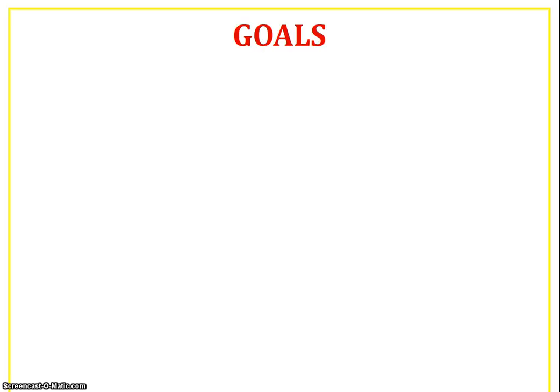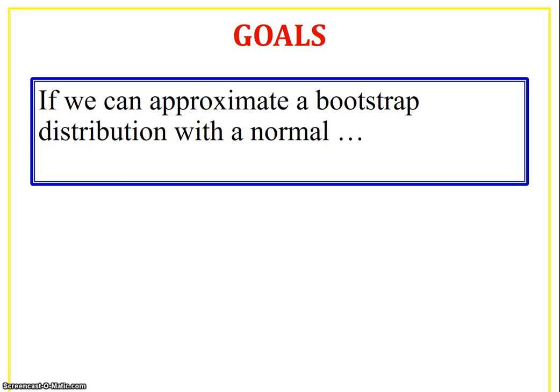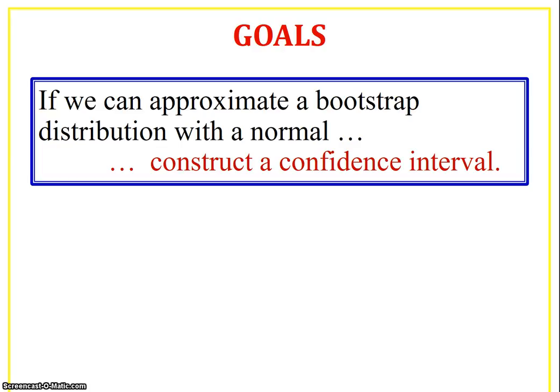So what are the goals in working with normal distributions? Well, we said that bootstrap distributions tended to have a normal distribution, and so if we can approximate a bootstrap distribution with a normal, then we can construct confidence intervals based on a normal distribution instead of doing simulations. And we also learned how to do hypothesis testing, and to do that we needed a randomization distribution to find the p-value.